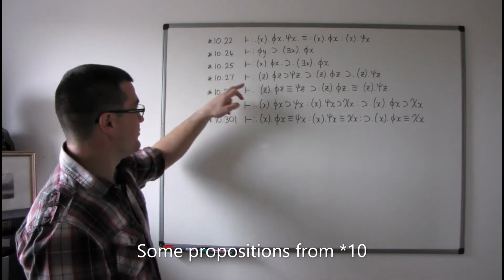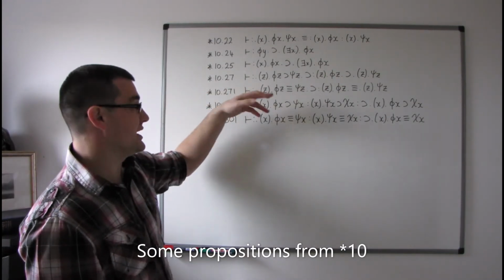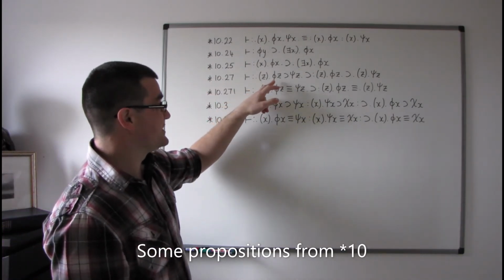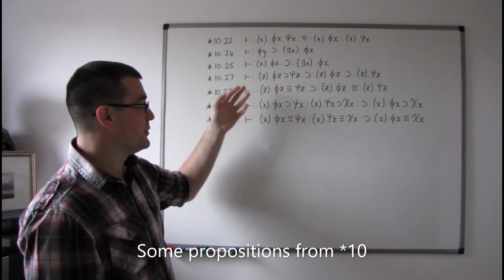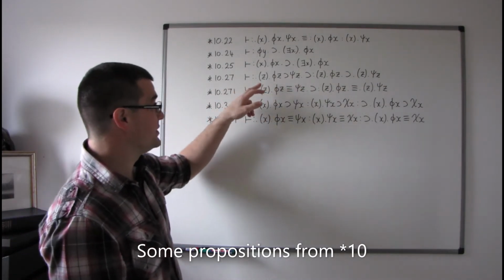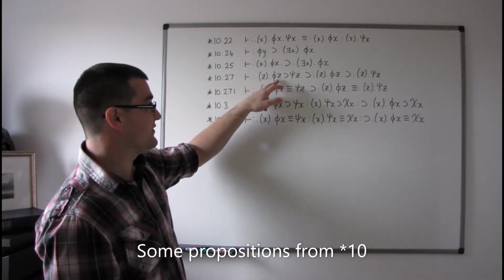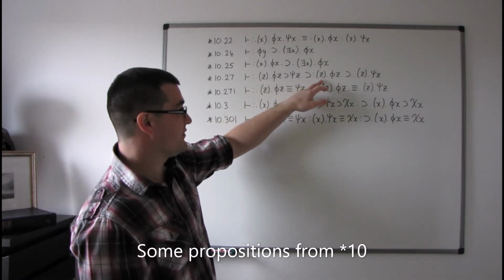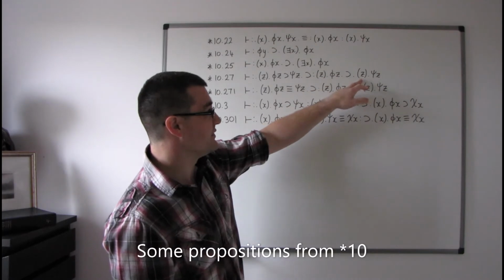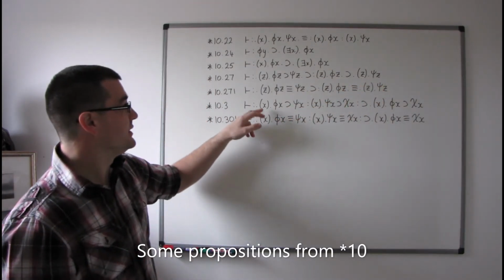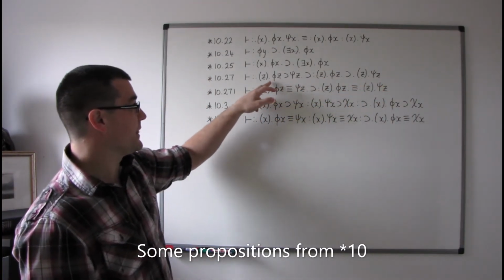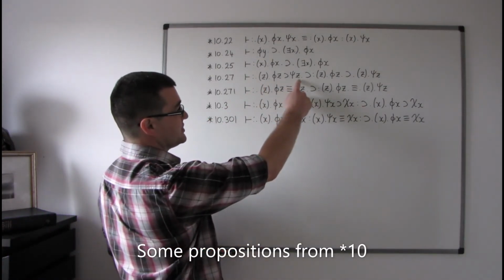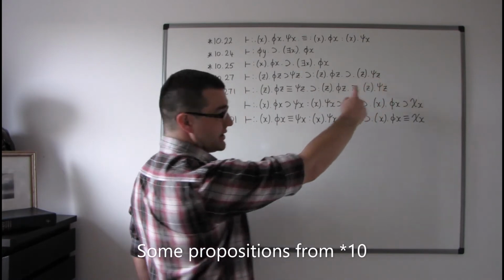10.27, again, I've included this because it's an important proposition for a start off, but it also shows how the apparent variable can change scope. So on the left hand side, the scope is phi z implies psi z of this apparent variable. The scope of the apparent variable here is phi z, and the scope of this one is psi z. So this is a formal implication. What we're getting here is that this formal implication implies this material implication.